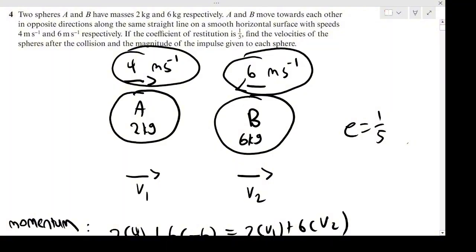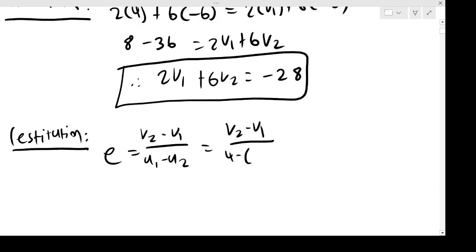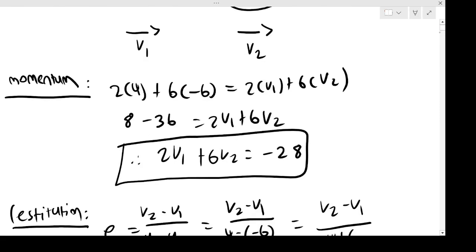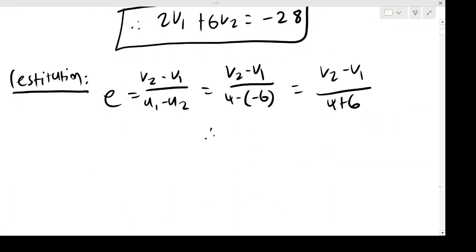But the 6 here is going in the negative direction. So we're going to have to do 4 take away minus 6. We have to make it negative, because again, it's in the negative direction. So that would be V2 take away V1 over 4 plus 6. And actually then, if we recall that we were told that E is 1/5, we can then say a fifth equals this.